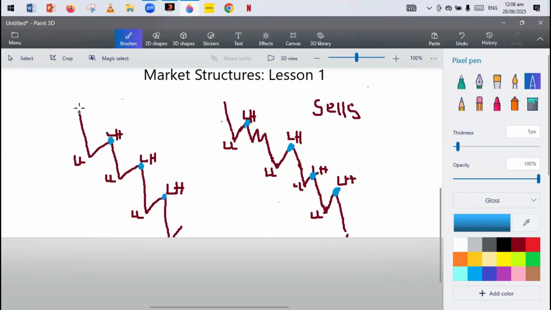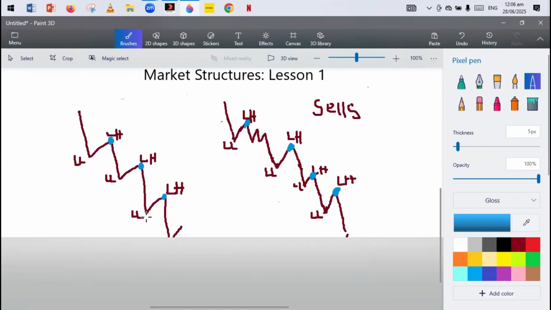So price is coming down. That is an impulse move, then a correction or retracement, and then it forms a low here, and then it moves down.